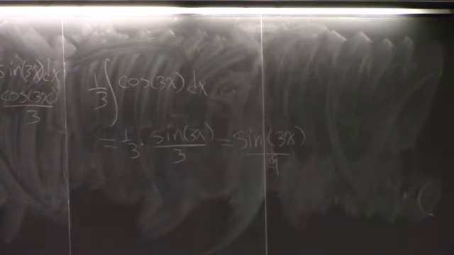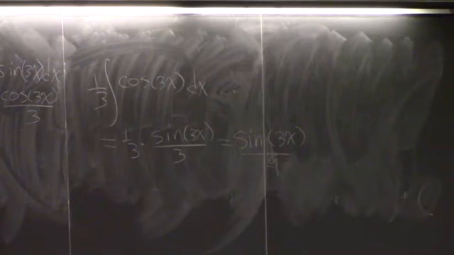So this becomes, I know, fussy, minus x cosine 3x over 3 plus sine of 3x over 9 plus c.